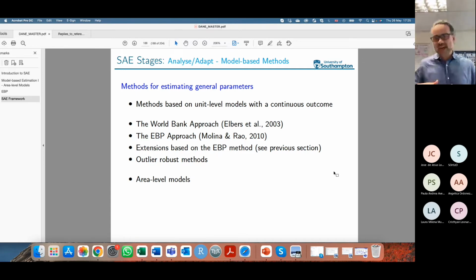So it requires more access to data that are more difficult to get. But if you have access to the data, and if you're happy with the data sources and their quality, then using unit level models will do the estimation all at once. So you don't have to worry about specifying another model each time that you have a new target parameter. So there are pros and cons, and depending on the situation, you can decide whether to go for area level models or unit level models.